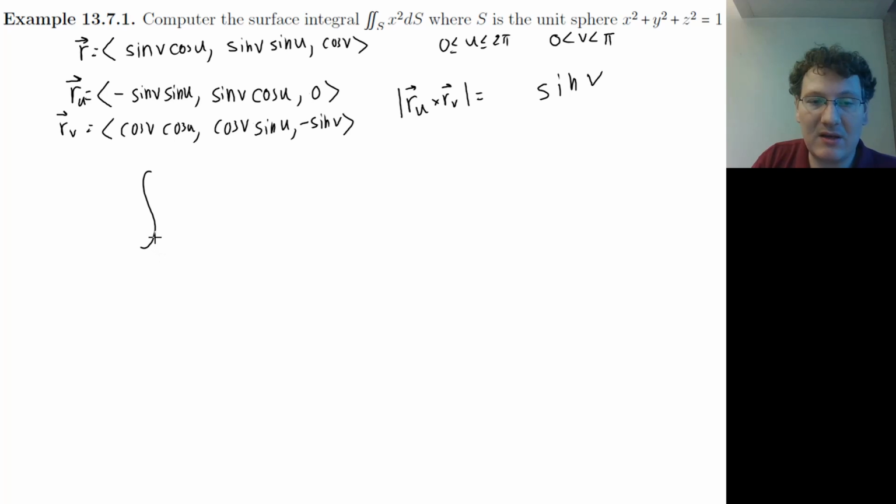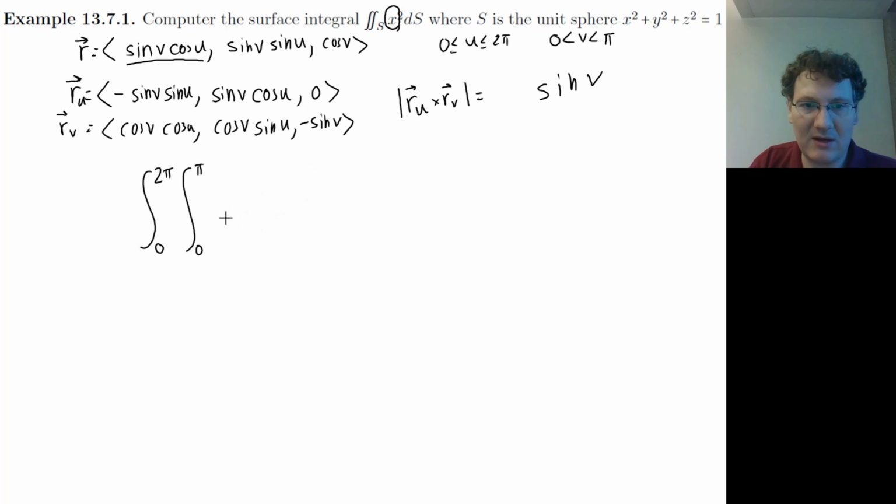We're going to be integrating over our domain D, 0 to 2 pi for u, and then 0 to pi for v. Our function is x squared. So x is the sine of v cosine of u.